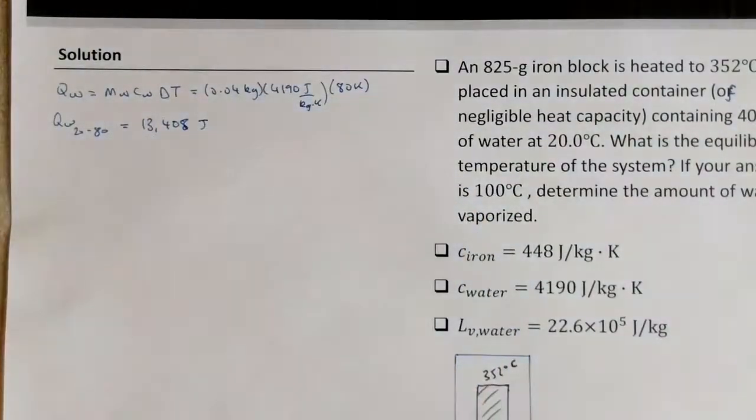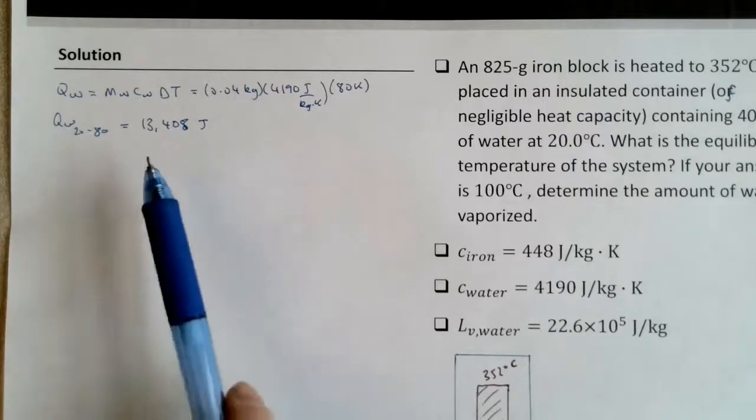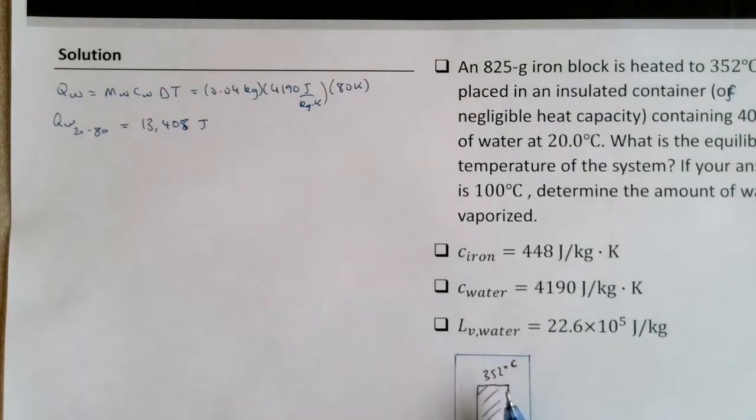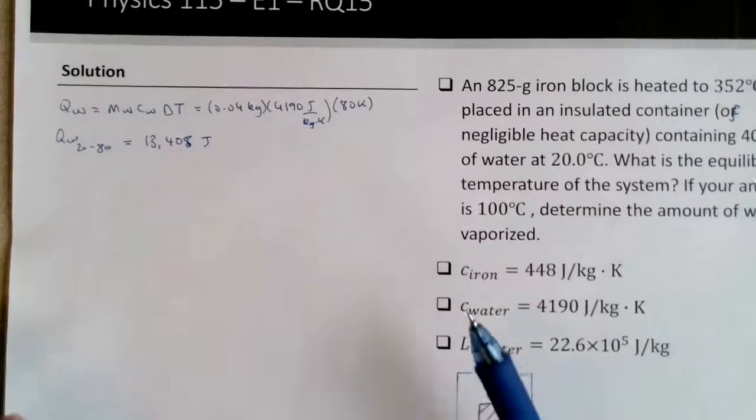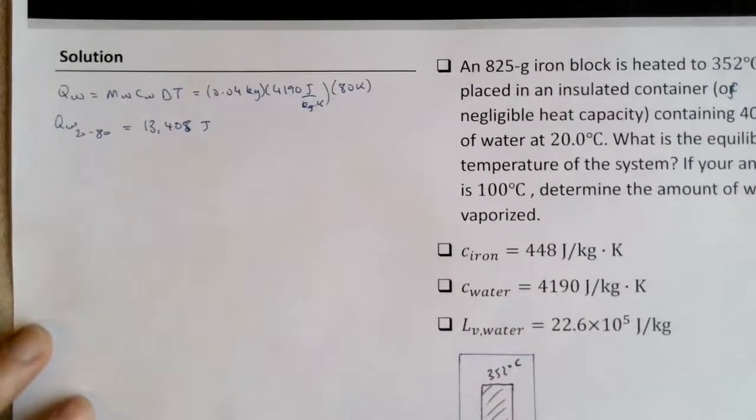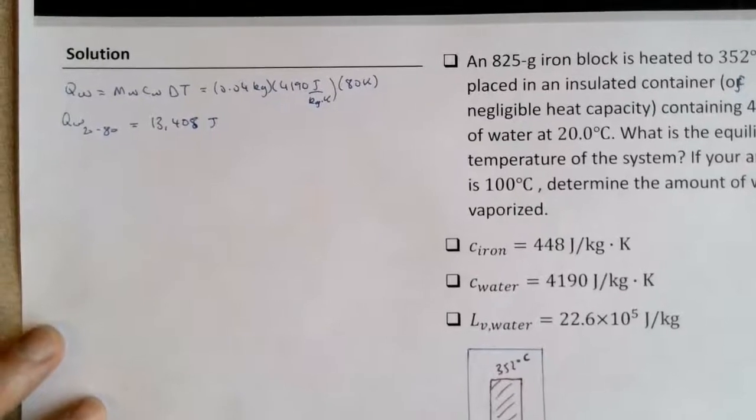Now you can ask yourself two questions here. You could consider that if that energy were to flow out of the iron, how much would the iron's temperature change by? Or you could assume the final temperature is 100 degrees and no steam has been formed, and compare the two numbers. I'll do both for the purpose of the review.